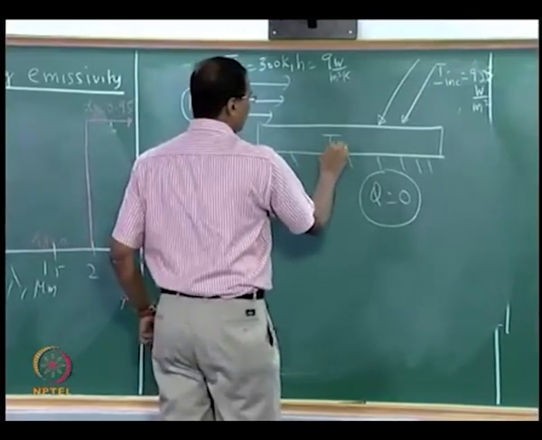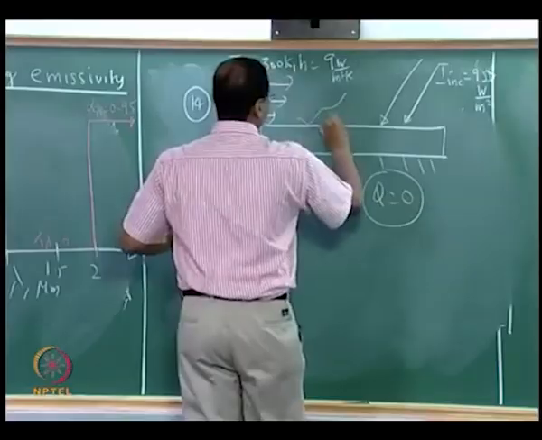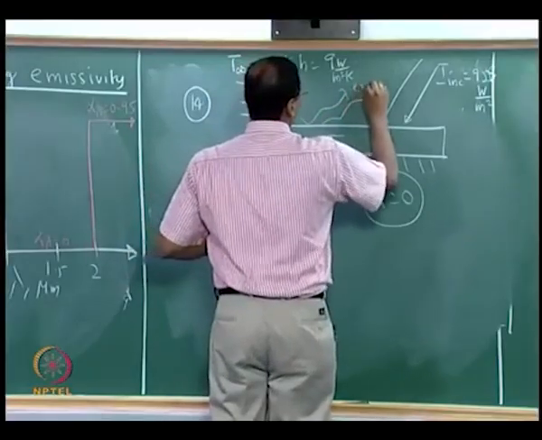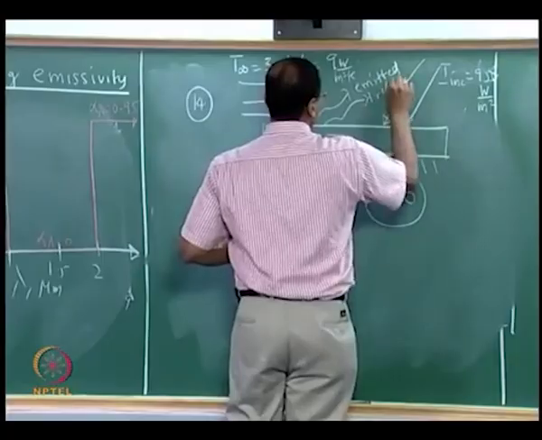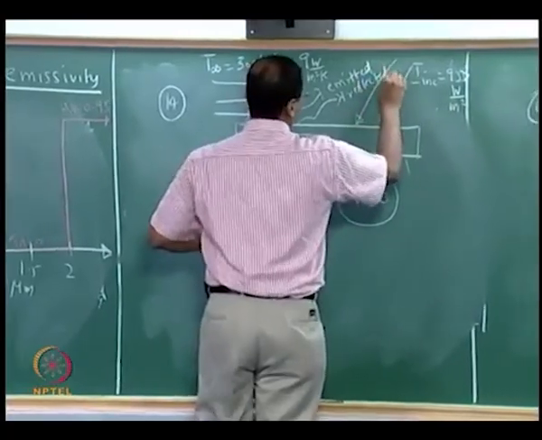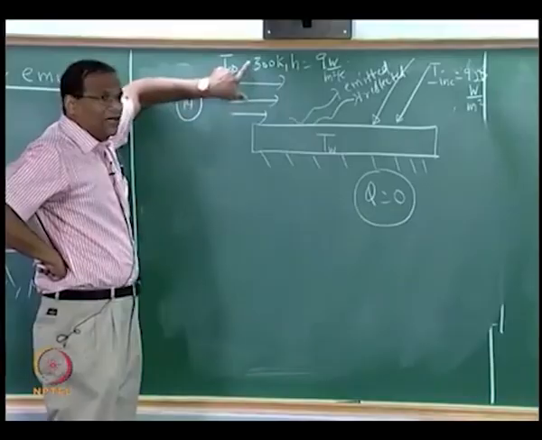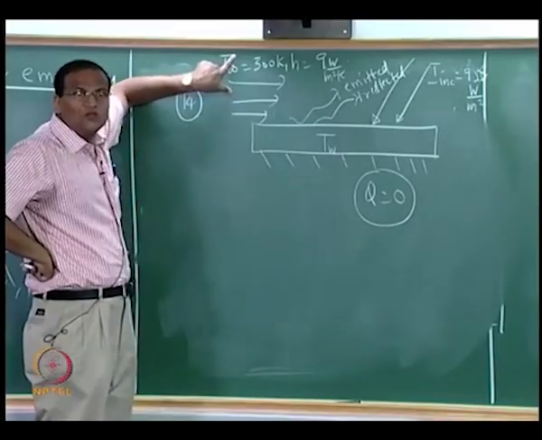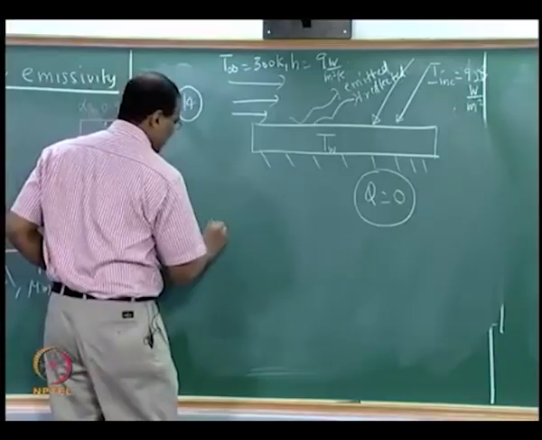So let the temperature be TW. Okay, so it is emitted plus reflected. In this case, since T infinity is also there, you can assume the T infinity to be a black body, and therefore net radiation.